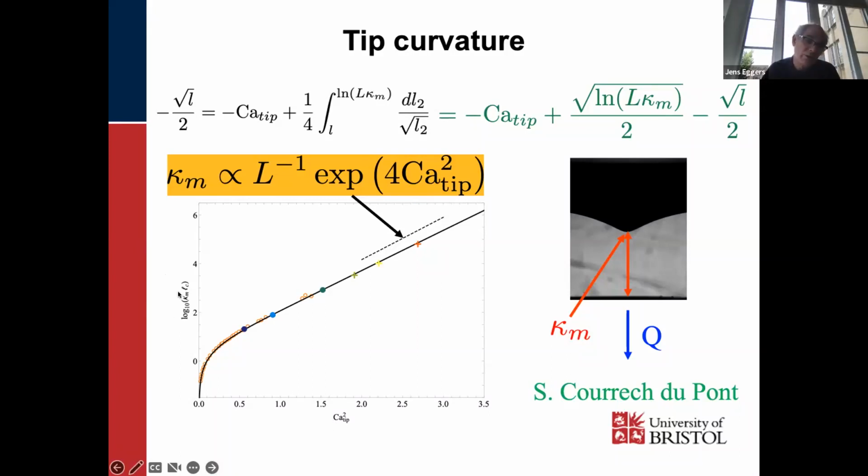And here is the logarithm of the curvature. And the dashed line here is this result of the theory so far. So you see it's pretty good. It seems it's a little bit steeper than what's observed in experiment. And the other problem is I don't know yet what this length scale L is.